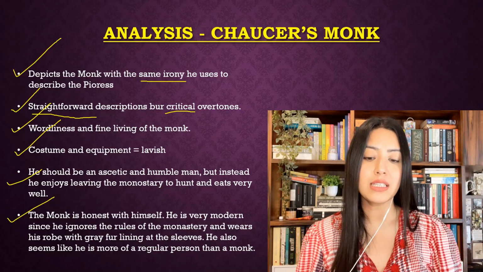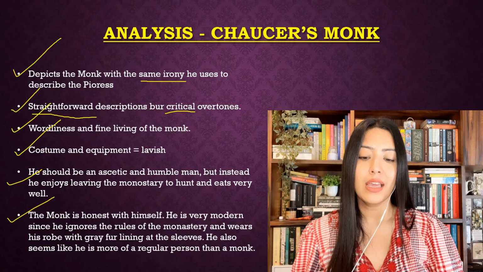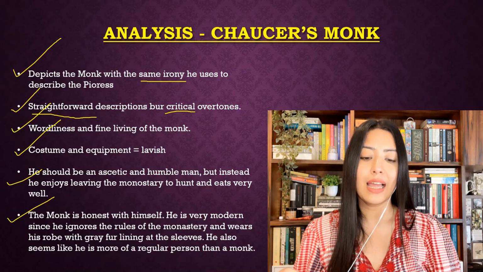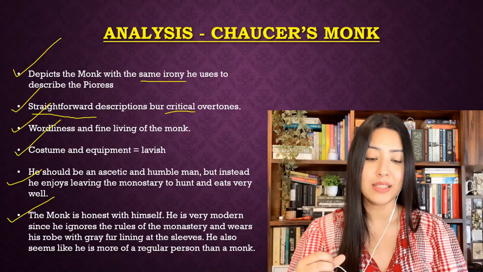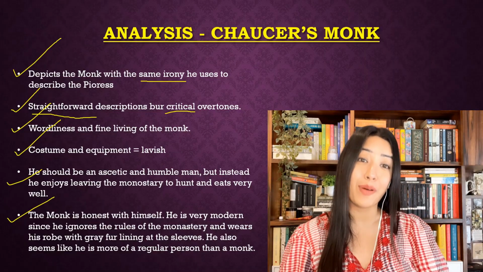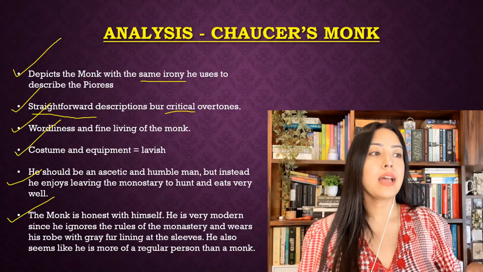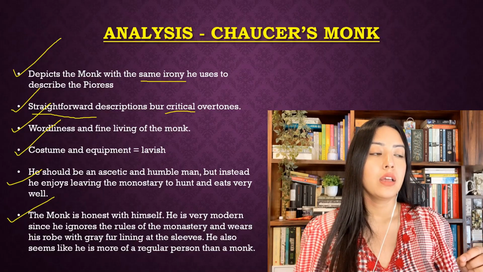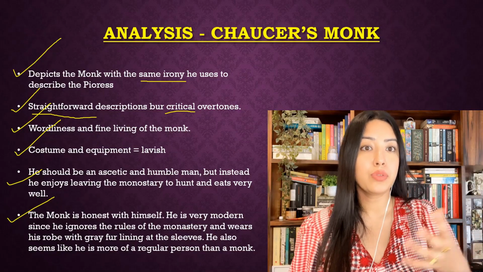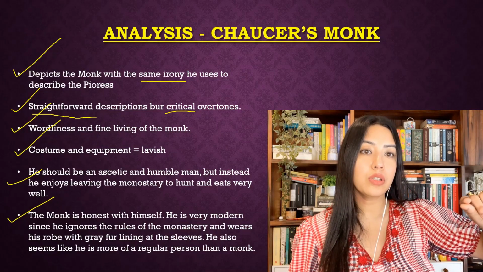He's very modern, since he ignores the rules of the monastery, and wears his robe with grey fur lining the sleeves. Again, I said it's expensive. So he also seems like he's more of a regular person than a monk. So he is telling us through the prioress and the friar that the corruption had seeped into the church.